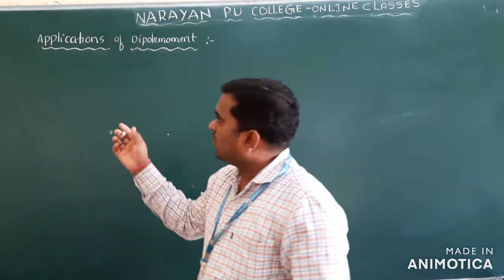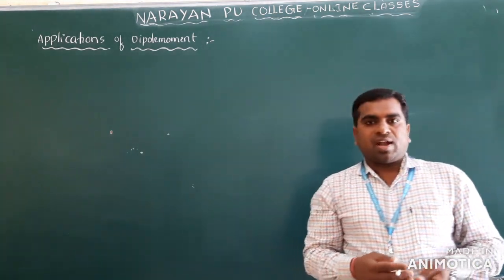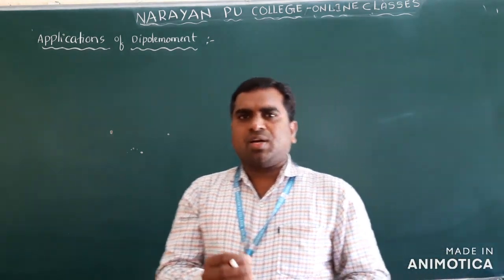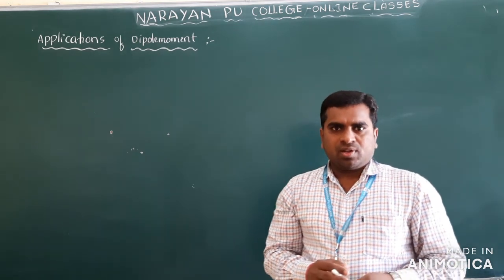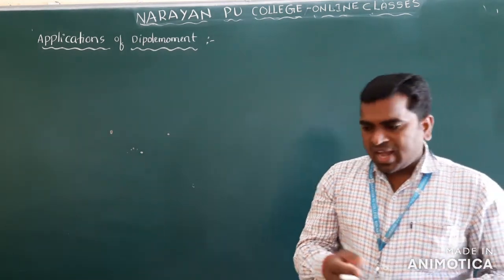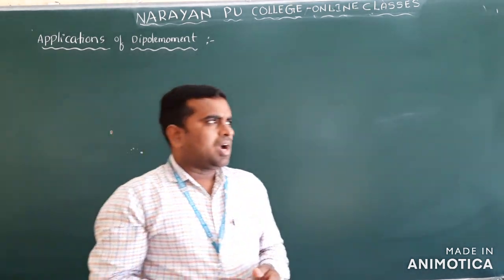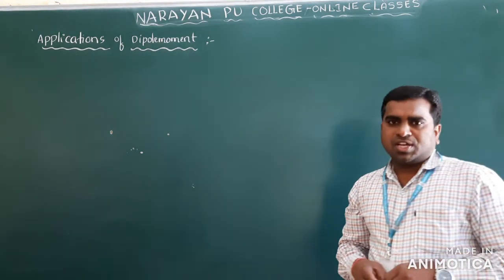It is mainly used to measure the polarity of a polar molecule. That is the second point we discussed. And the unit is debye. I already said what a debye is equal to: 10 power minus 18 ESU centimeter.